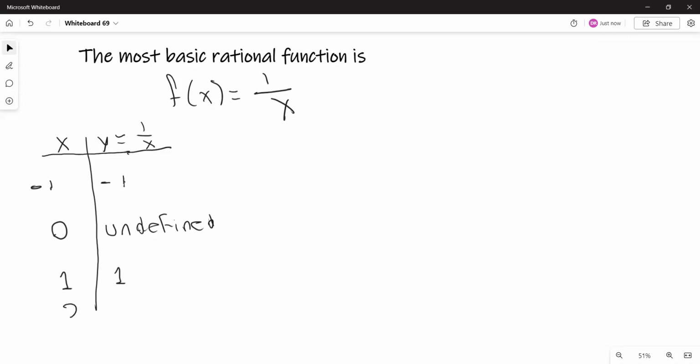At 2, 1 over 2 is 1/2. And at negative 2, 1 over negative 2 is negative 1/2. And at 1/2, the reciprocal of 1/2 is 2. And the reciprocal of negative 1/2 is negative 2. So let's draw the graph.